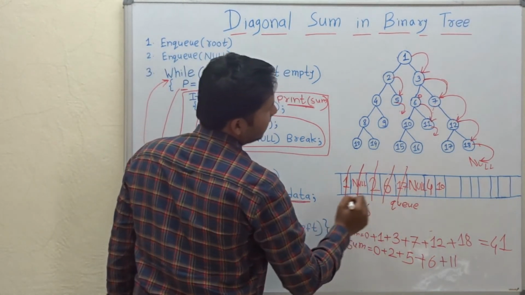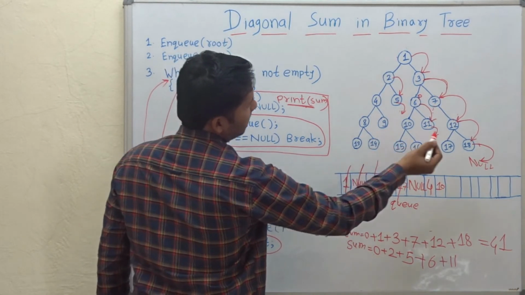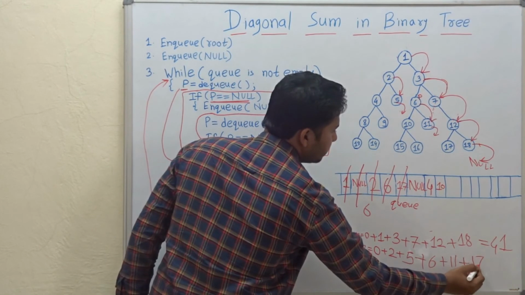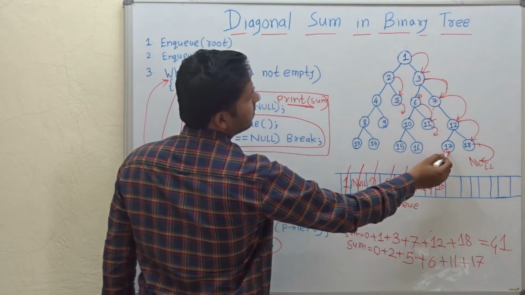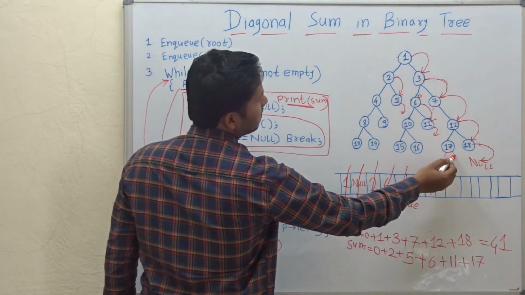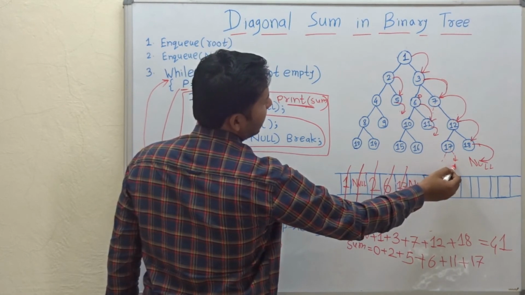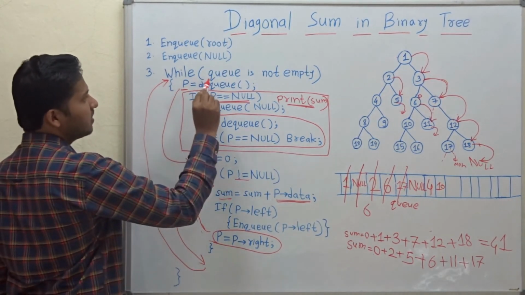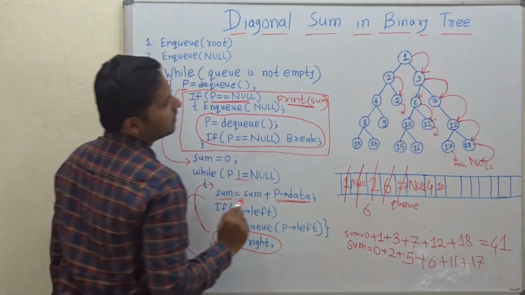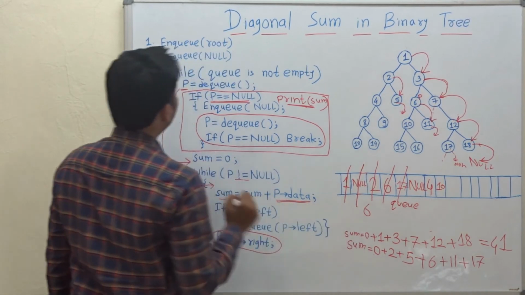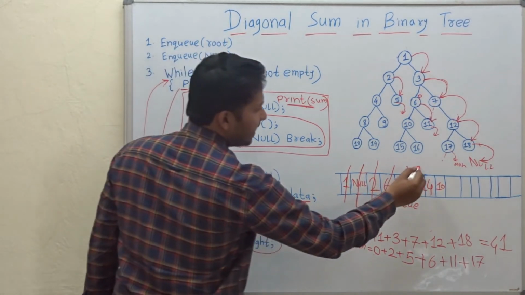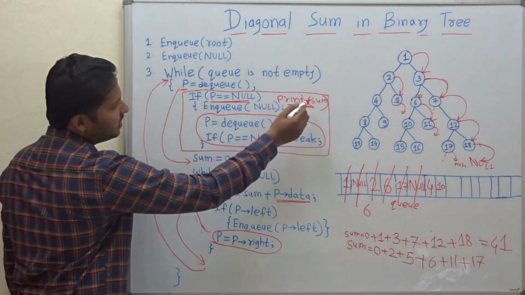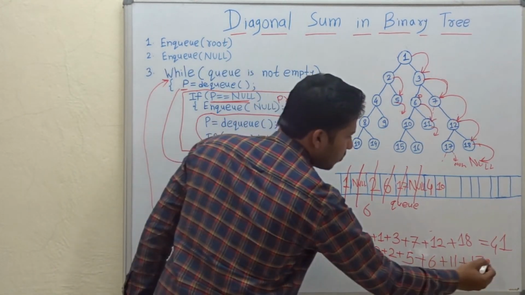So we dequeue 17 now. Yes, 17 is here. Add 17 to the sum and check whether it has a left child. No. So go to the right. As the right is null, we come out of this while loop and go to the beginning of the outer while loop. Now when we dequeue, we get null, and when we get null, we have to print the sum as this diagonal is over.